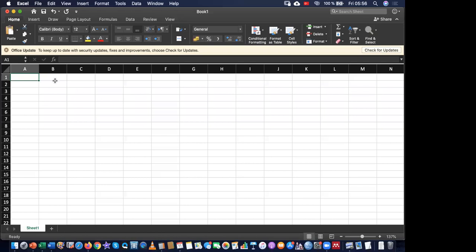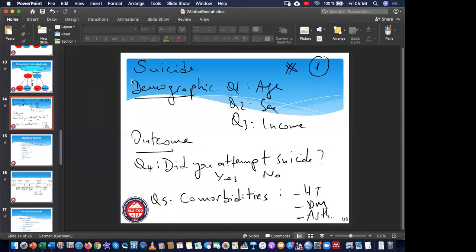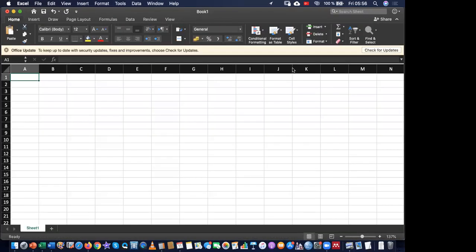Now, in the columns, in the first row, we give the variable names. Our first variable is the ID, patient ID or participant ID.